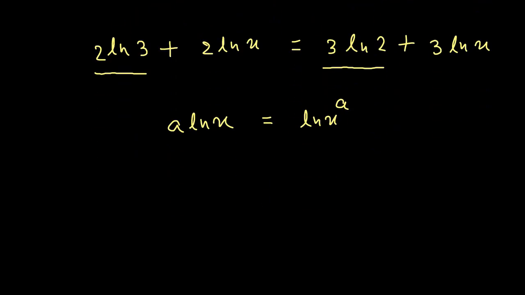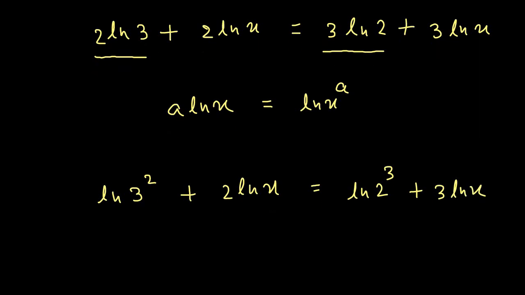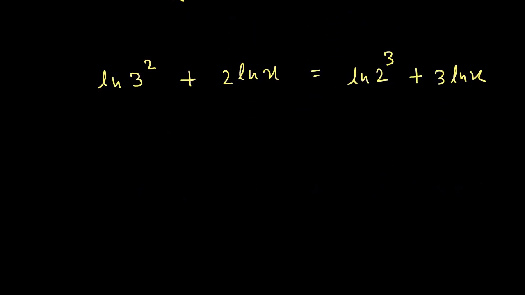So we have ln 3 square plus 2 ln x equals ln 2 cube plus 3 ln x. We can write the left side on the right side and right side on the left side.